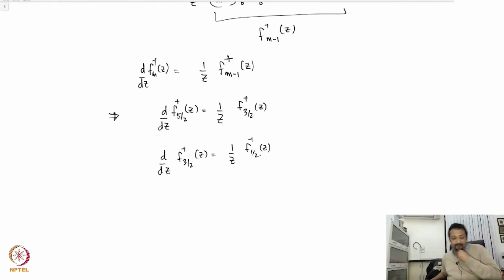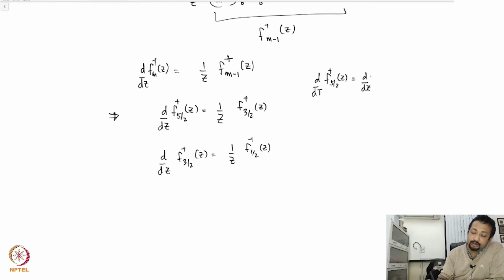Now d/dt of f plus 5 half of z is going to be d/dz of f plus 5 half of z times dz/dt. And similarly, d/dt of f plus 3 half of z is going to be d/dz of f plus 3 half of z times dz/dt, right?